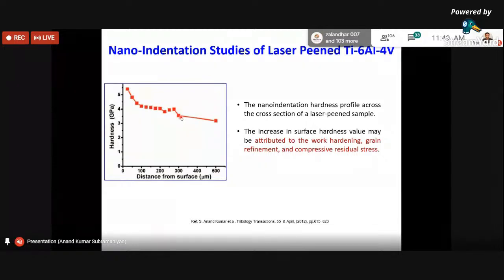So we can interpret from this hardness measurement that up to 300 microns is the work hardened zone, where the material is going to have less ductility or toughness compared to the bulk of the material. So the simple mechanical test could be a hardness measurement, as depicted here.